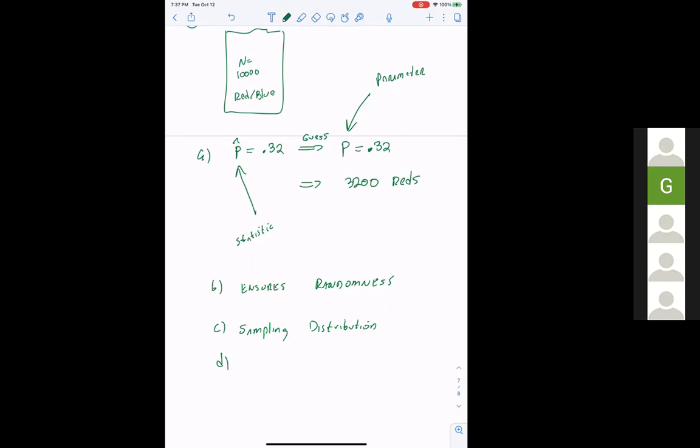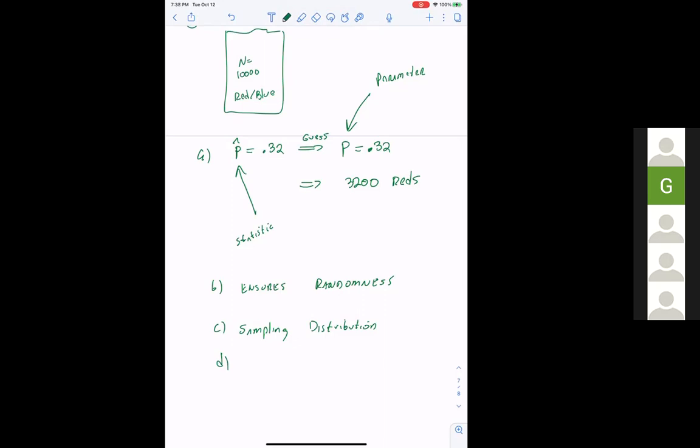Would it be all the chips that were made, like red and blue? Again, what are we looking for in this problem? Is it the proportion of red? Is it 1 to 10,000 or no? No, it's one number.